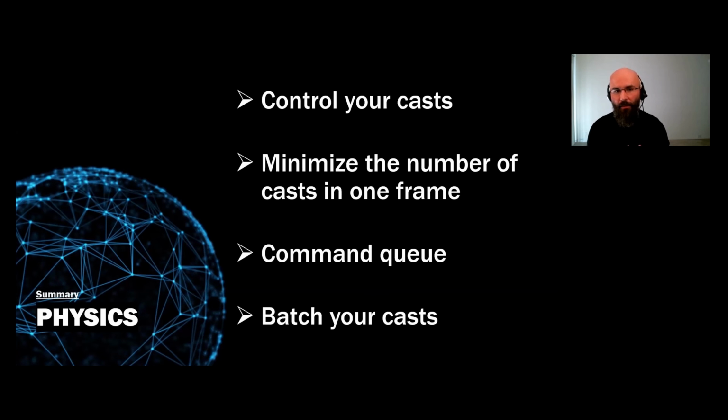In many games we need to have a middle layer between gameplay code and the physics engine to control the number of casts. And it gives us that command queue with batched execution of casts. It gives us really nice control for the maximum amount of casts performed in one frame.